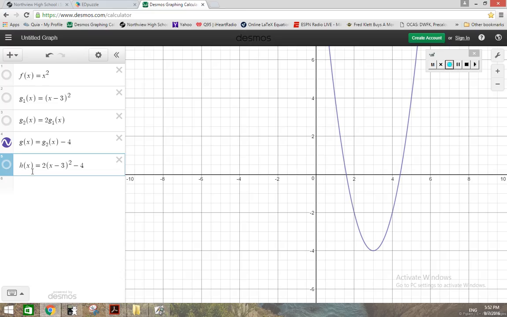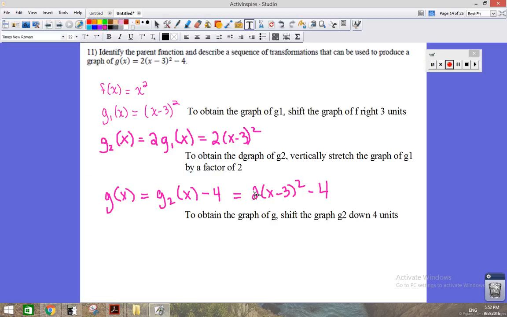There it is in purple. If I graph this function they gave me, there it is right on top of it. You can see that these are the same graph. So this original parent function got shifted to the right 3 units, then it got vertically stretched, and then it shifted down 4 units, and that's what we have. That's why I keep saying that this Desmos graphing calculator is really nice for helping you understand this.